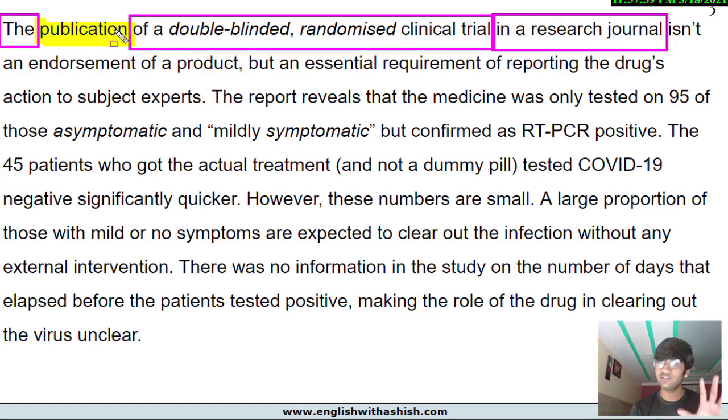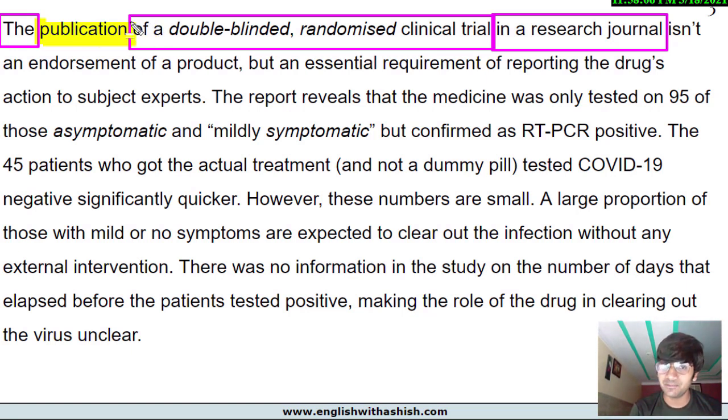Now, the noun is very simple, the definite article is very simple, there's nothing to understand there. But in the post-modifier, there are a lot of things we can understand. So in this prepositional phrase, let's understand what we have. A prepositional phrase is a group of words that does not have a subject-verb combination and starts with a preposition followed by a noun or a noun phrase.